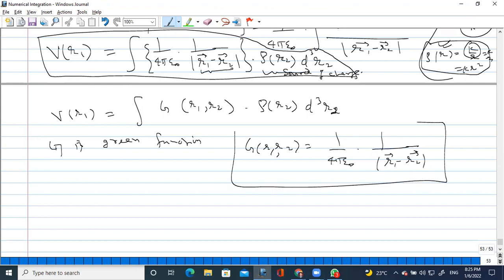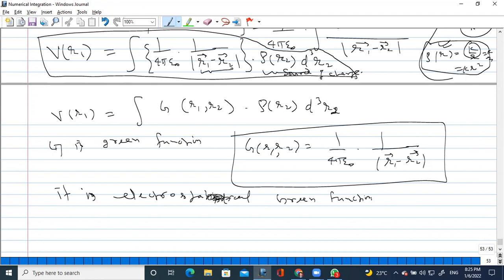So here this is working as the Green function. It is named the electrostatic Green function for the Poisson equation.